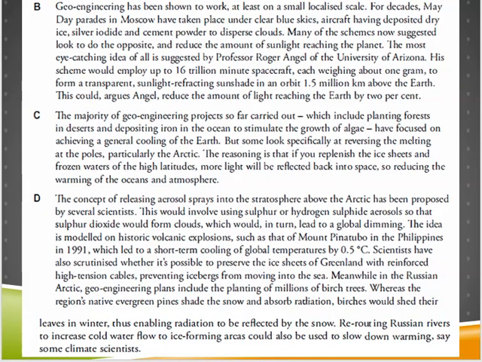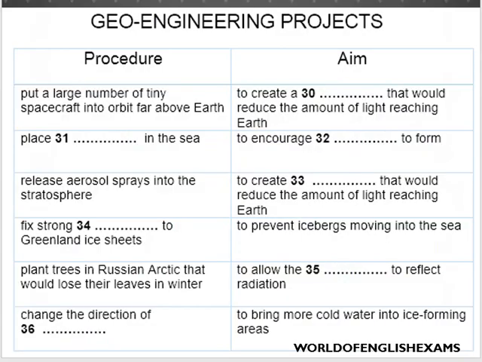Okay, so to shade the snow and absorb radiation, thus enabling radiation to be reflected by the snow. So what is helping in reflecting, guys? Snow is helping to reflect the radiation. So what is the answer for this? Snow, to allow the snow to reflect radiation. Okay, now let's move on to the last one.